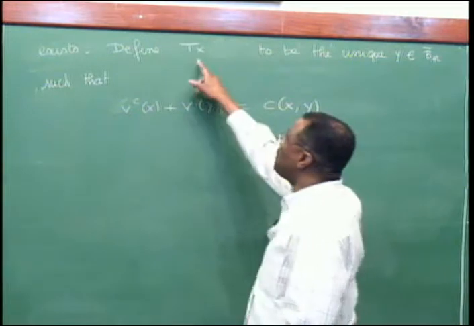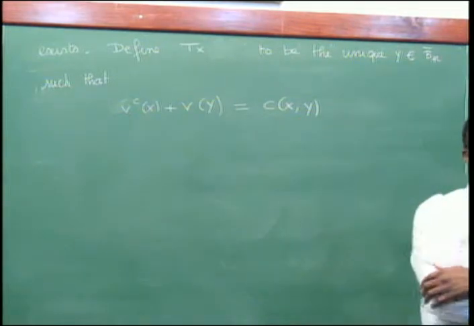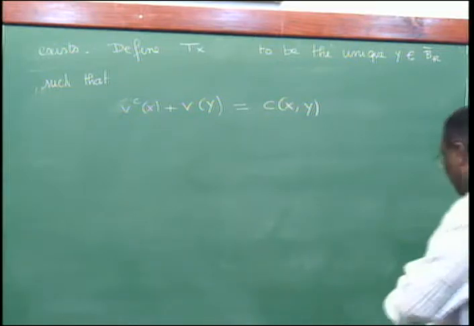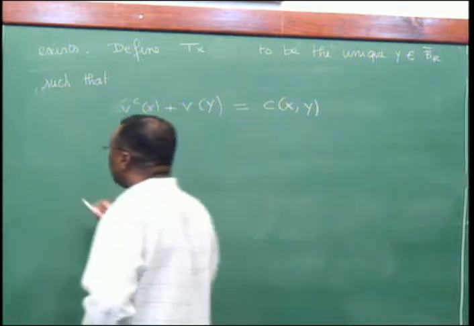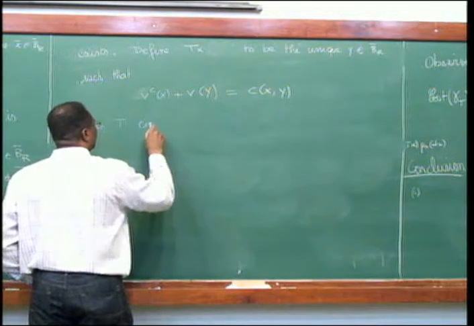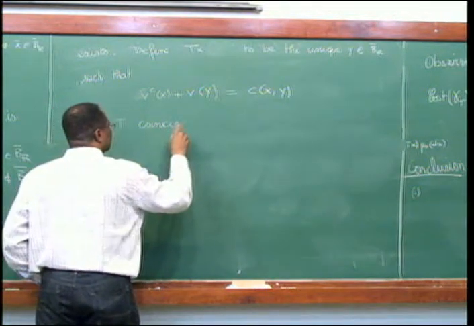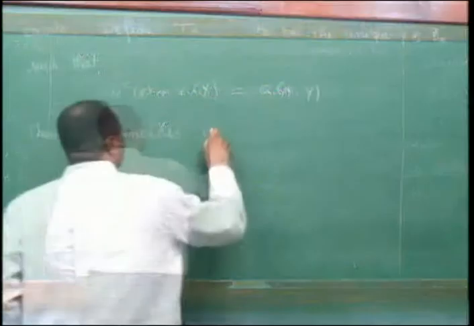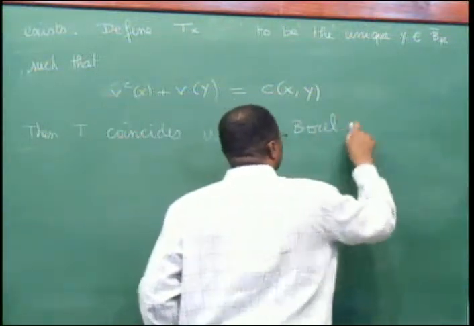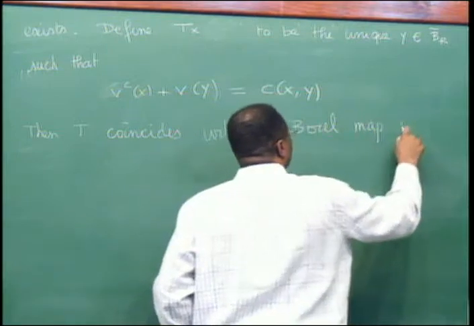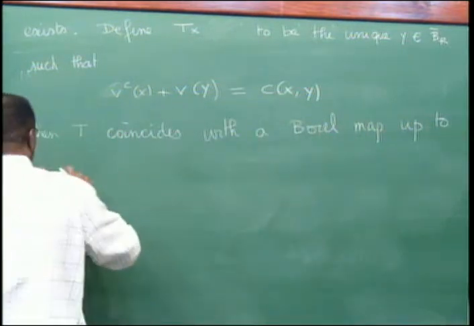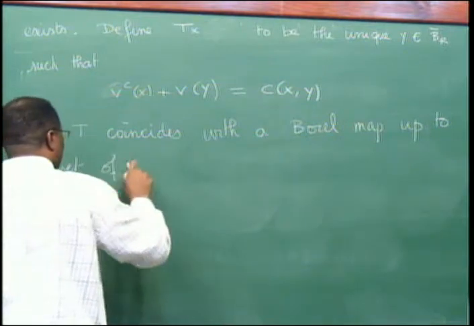Then the map T coincides with a Borel map up to a set of zero measure.